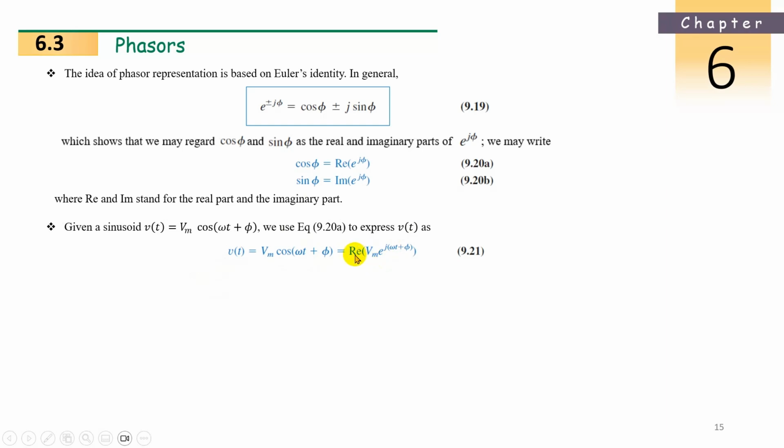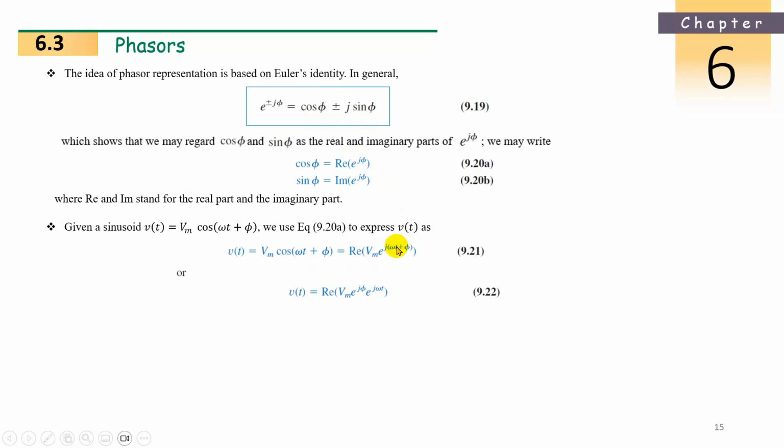What is the real part of Vm e power of j(omega t plus phi)? Why am I writing this? Just check. V of t is the real part of it, because of cos(omega t plus phi). How can I write cos(omega t plus phi)? As the real part of e power of j(omega t plus phi).